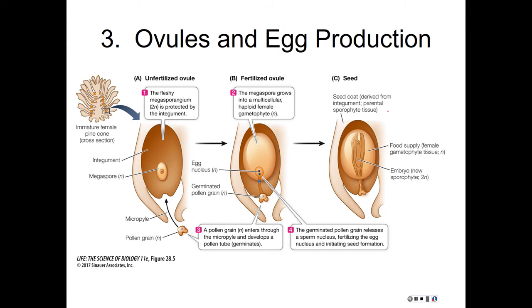So here's our pollen cone. Sorry, not pollen cone. Here's our female cone. And if we zoom in here, okay, there's a megasporangium. So what does this thing look like? So we've got this fleshy megasporangium, which is protected by a layer called the integument.